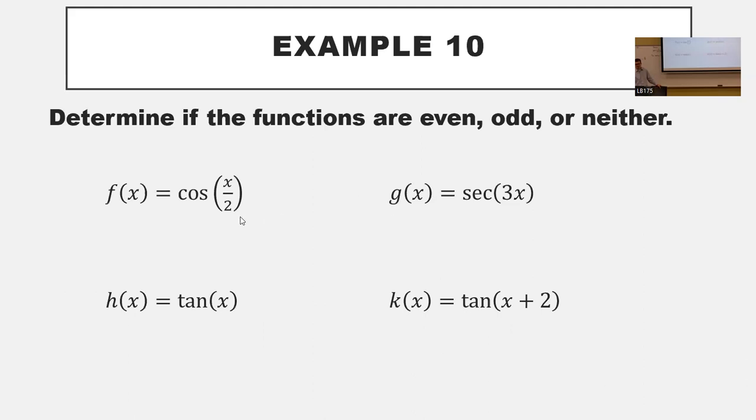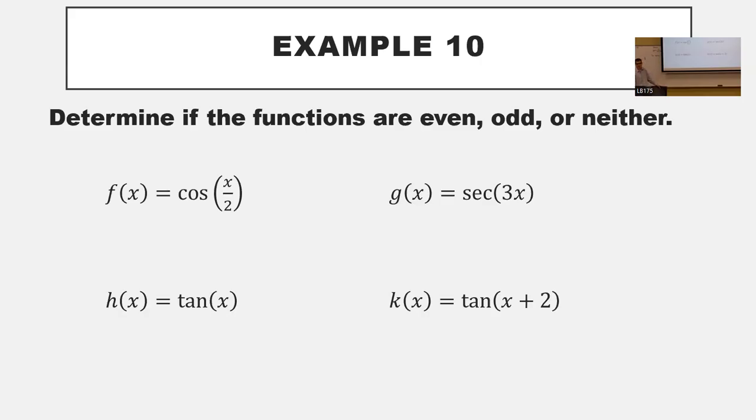So if I look at these functions, cosine of x over 2, well, that's just a cosine function stretched horizontally by a factor of 2, so that's still even. Tangent h of x, oh, we didn't have anything.